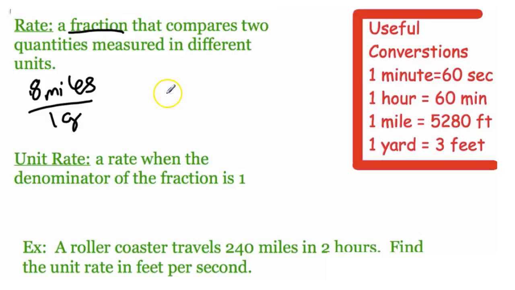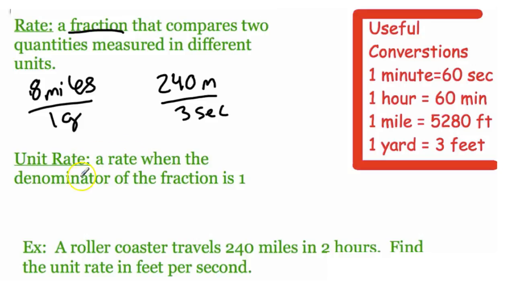You can compare different cars' fuel efficiency with this. You might also hear something like 240 meters for 3 seconds. These are both rates. Rates are great, but unit rates are even better.